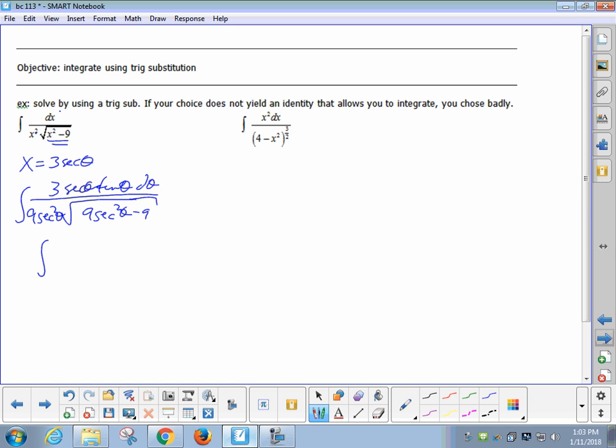I could divide a 3 and a 9 out. I could divide out a secant. And then let me go inside the root. Inside the root, I'd have a root 9, or a 3, I suppose. And the root of secant squared minus 1 would become root tangent squared.